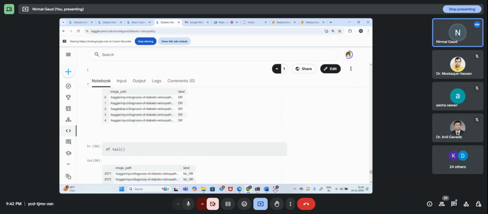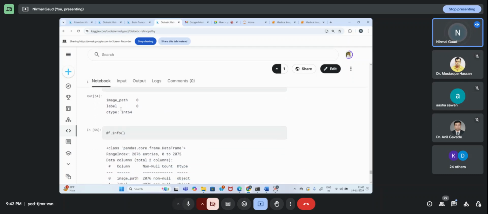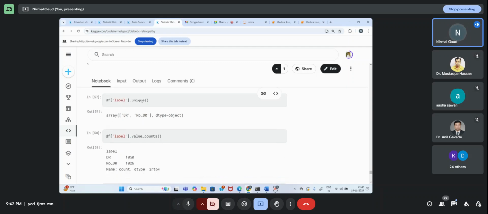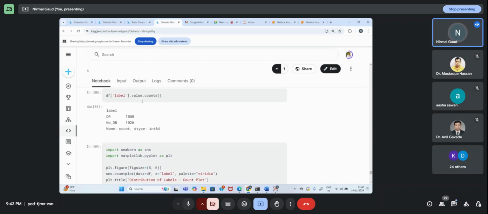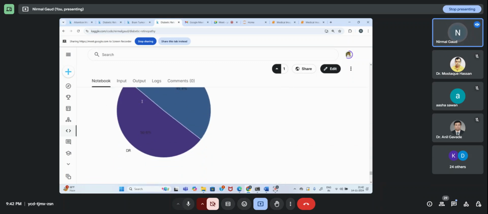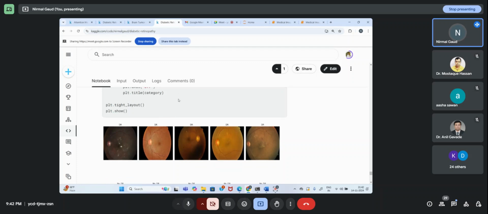Then I printed head, tail, shape, columns, duplicates, nulls, information, number of unique values, then number of counts in the categories, DR and no DR. Then I made a count plot and then a pie chart. The entire approach for every project is the same. It doesn't take me time to make a project, I already know the whole flow of what to do. So this I did.